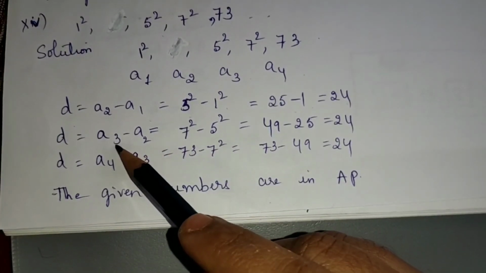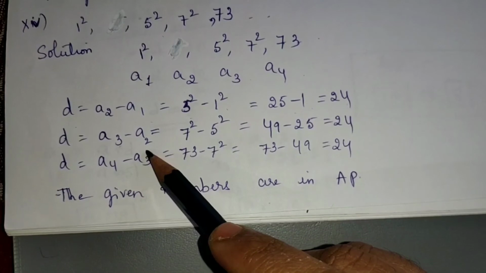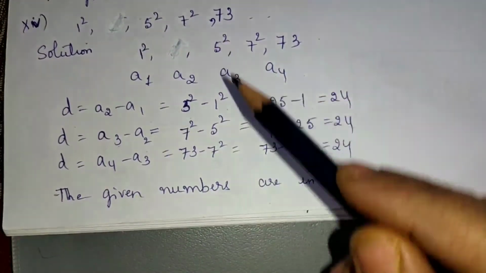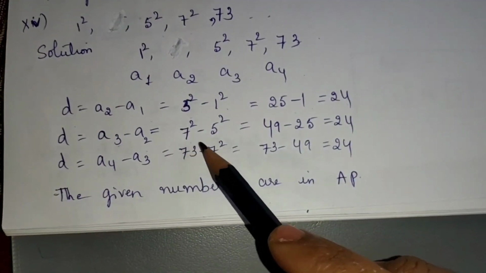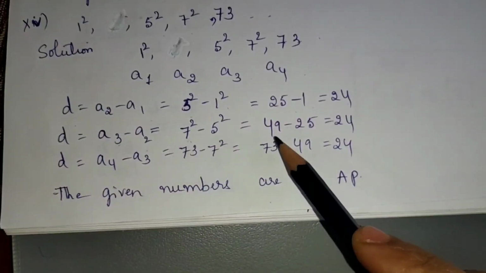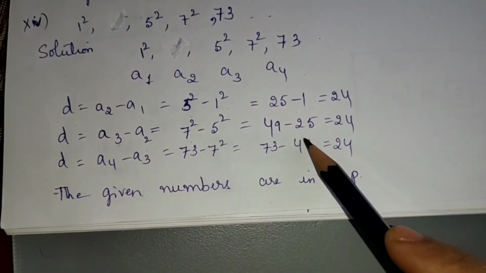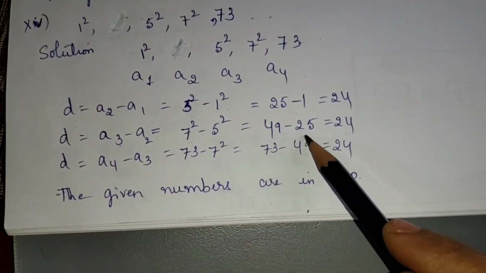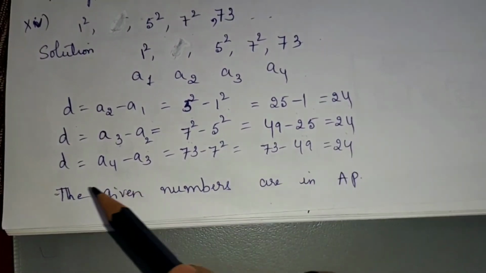Similarly, if you take difference of third term minus second term, third term is 7 square. If you subtract 7 square minus 5 square, that is second term, 7 square means 49, 5 square means 25. 49 minus 25 is again 24.